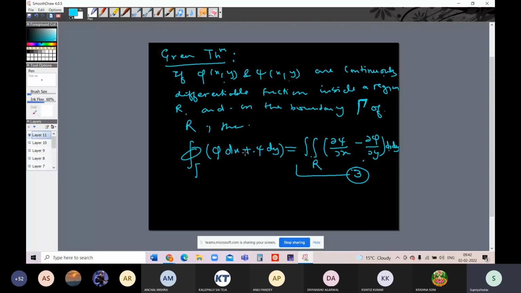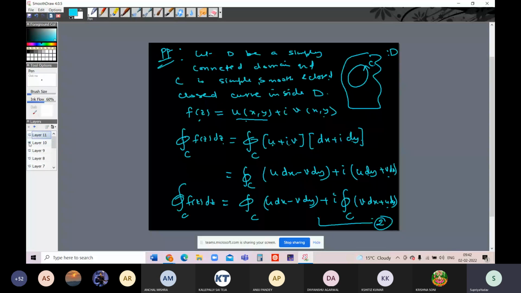So you know that u and v are functions whose partial derivatives are also continuous. So we can write, what was our second equation, u dx minus v dy.